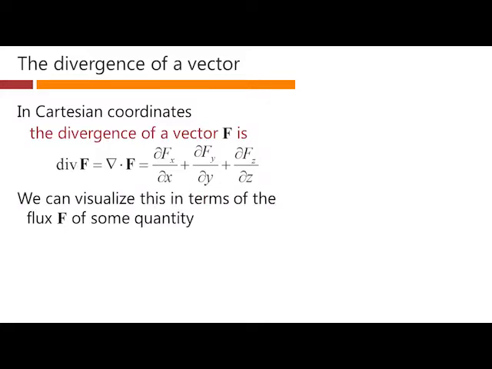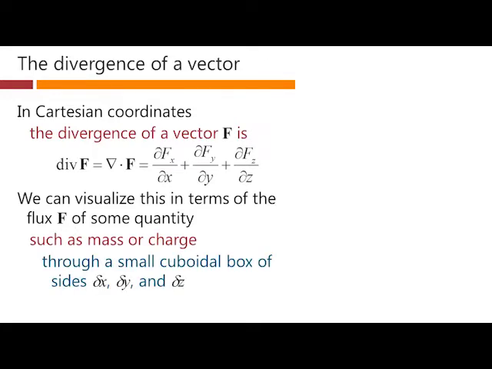Now, we can visualize what this means in terms of the flux f of some quantity. By flux, we're thinking of the amount of flow of something, such as of mass or of charge, but it has a direction as well as a magnitude.